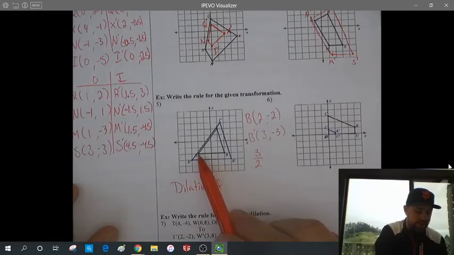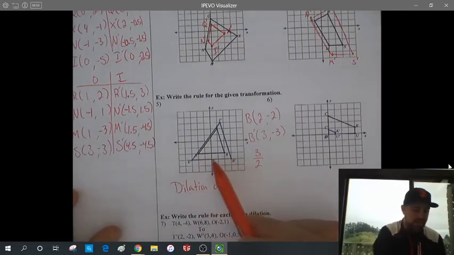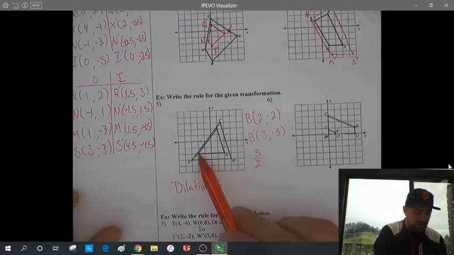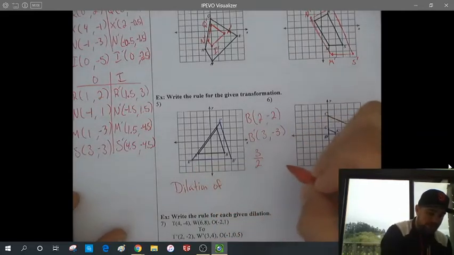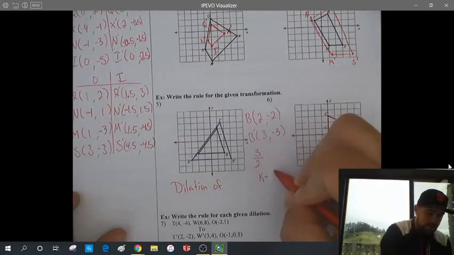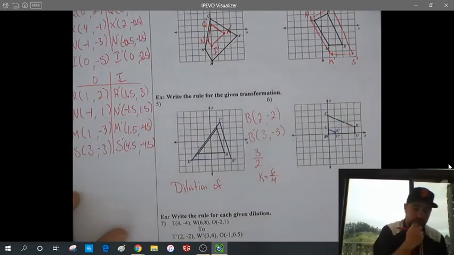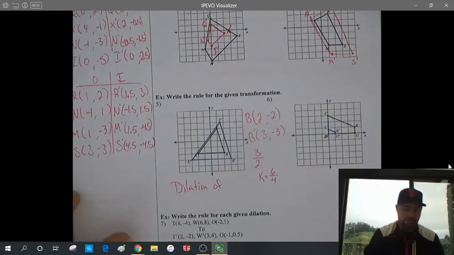Or I can also look at a side length in my figure and compare. So here between E to B, I have 1, 2, 3, 4 units. And E prime to B prime is 1, 2, 3, 4, 5, 6 units. So my scale factor is a 6:4 ratio.